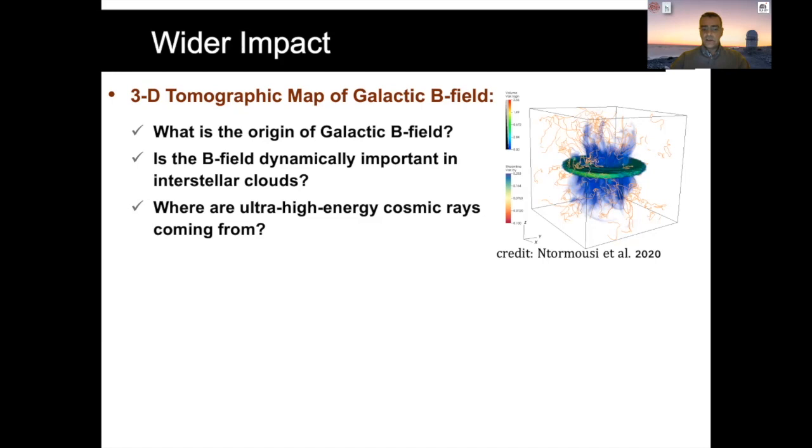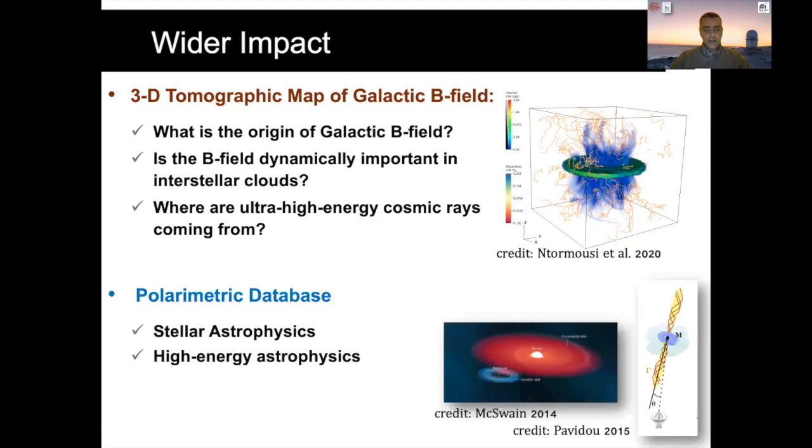And even what is the origin of ultra-high energy cosmic rays? And second, polarization measurements from our survey will reveal in stellar astrophysics intrinsically polarized stars and in high energy astrophysics synchrotron emitters. And of course, there is always a great potential for serendipitous discoveries with these novel science products.